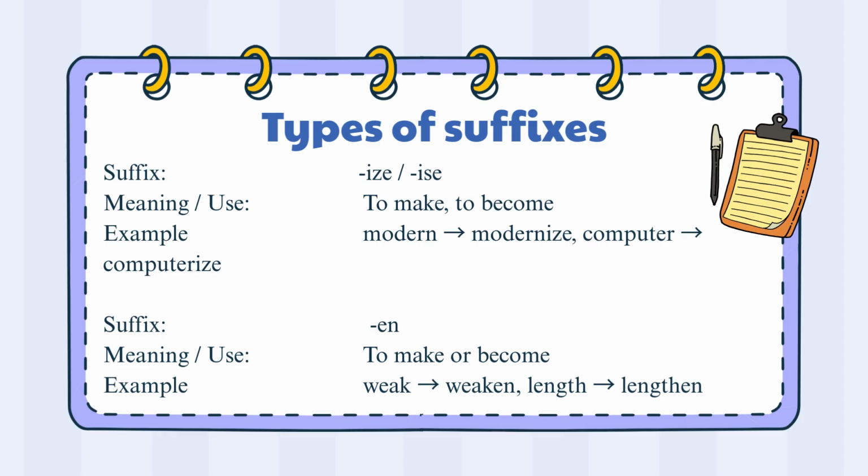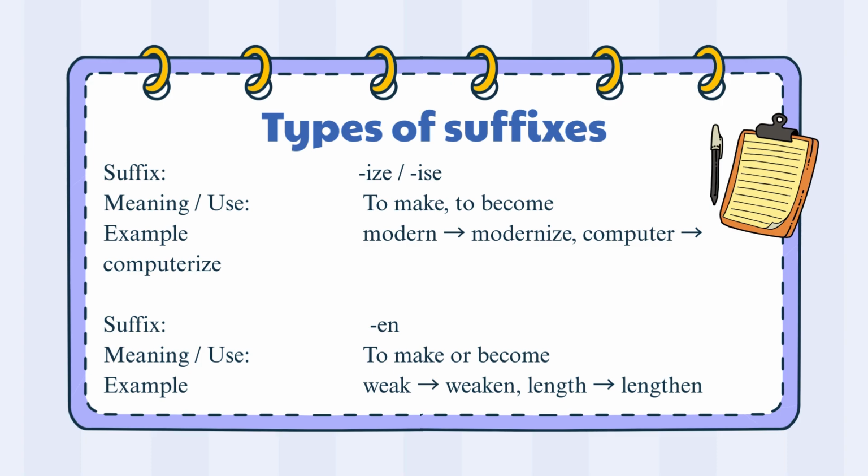These are used to mean to make or to become. Example: modern, modernize; computer, computerize. So the suffixes IZE and ISE are used to make or to become.